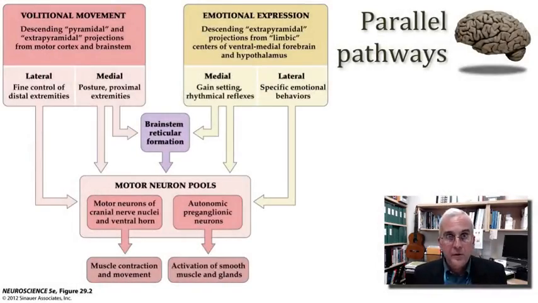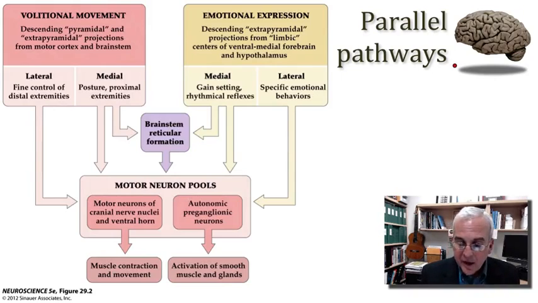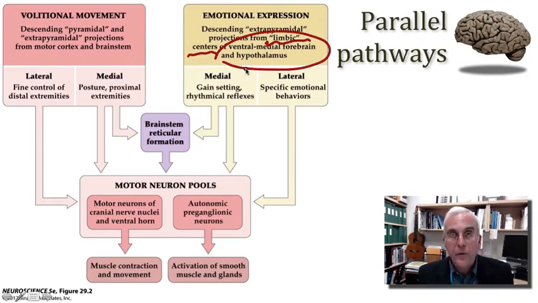So in a subsequent part of this tutorial, I'd like to spend just a little bit of time illustrating for you an emotional motor system. So what I have in mind here are projections that are coming from what we'll call the limbic centers in the forebrain, which are primarily in this ventral medial forebrain, and some other structures, including the hypothalamus and the amygdala, that provide descending projections.